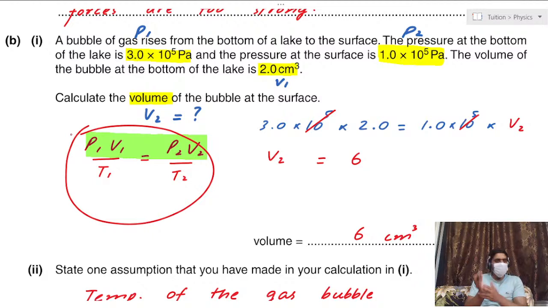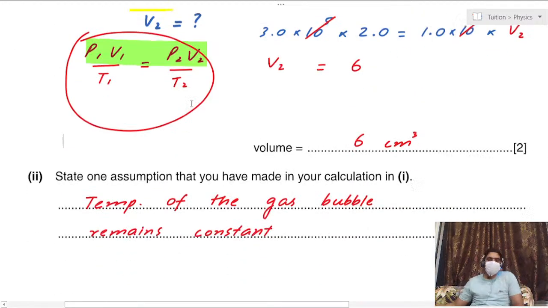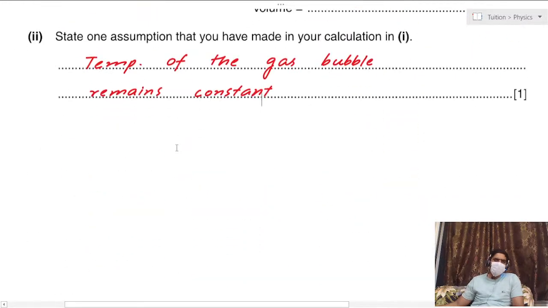Because the temperature is also changing, pressure is also changing, volume is also changing. So what is the constant thing? The answer in that case is that the mass of the gas is constant. So matter of fact, you could have written this thing as well: mass of the gas remains constant. Or in that case, mass of the gas bubble.